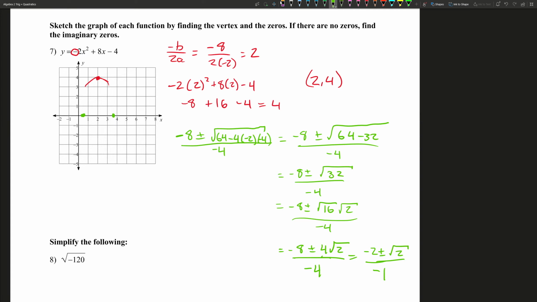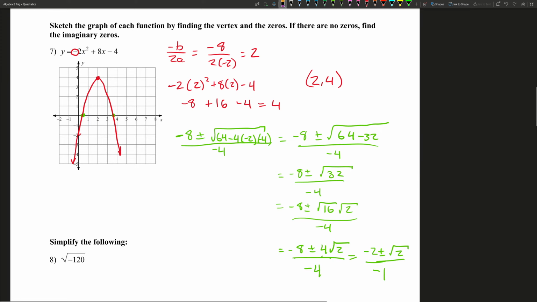All right, and then we're done really. We just got to connect the dots. Okay, so that's what our graph will look like.